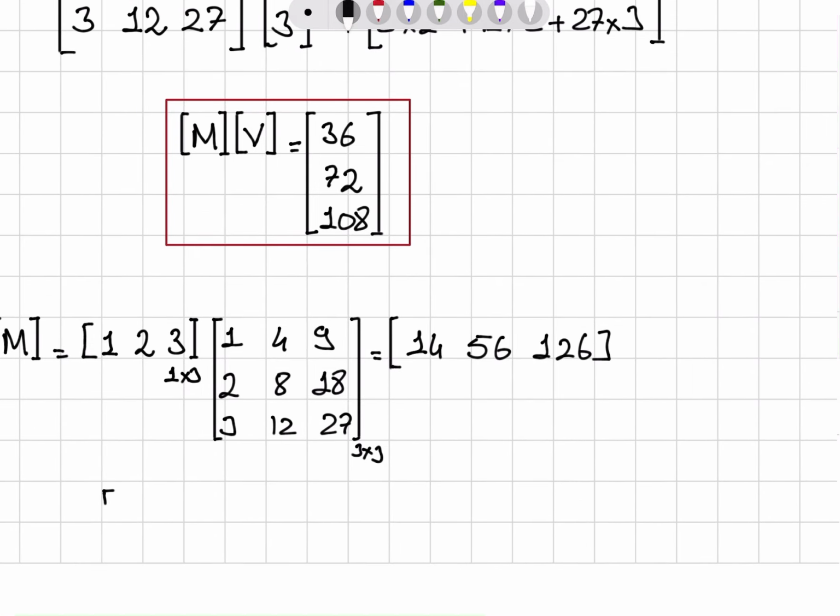v transpose, which has 1 row, 3 columns, multiplied by the M matrix with 3 rows, 3 columns, gives me a 1 by 3 matrix, which has 1 row, 3 columns: 14, 56, 126 as the answer.